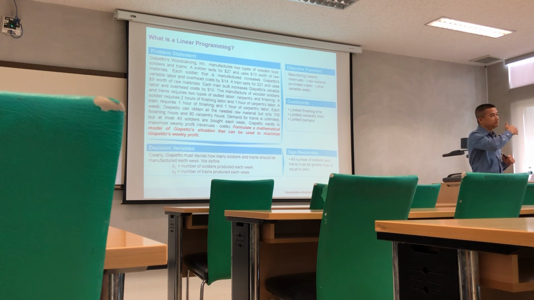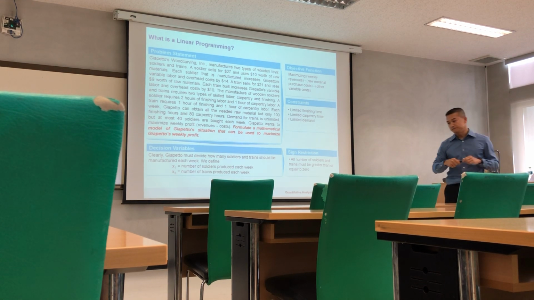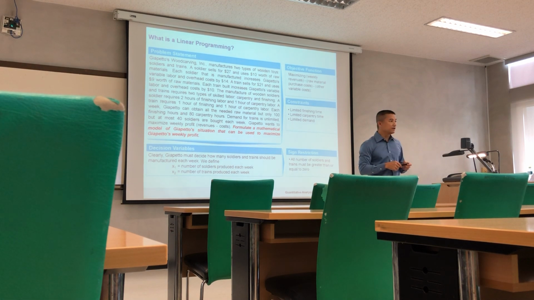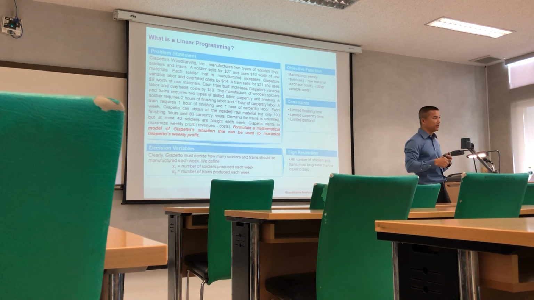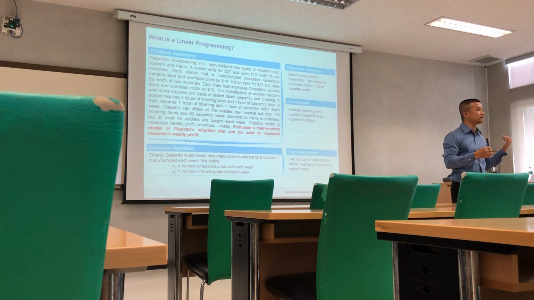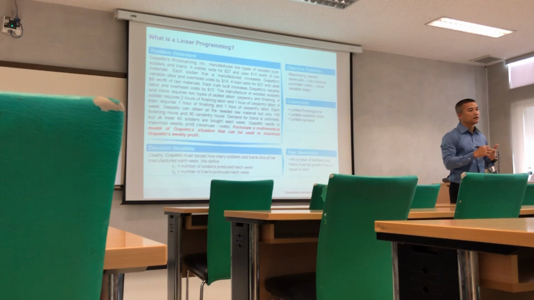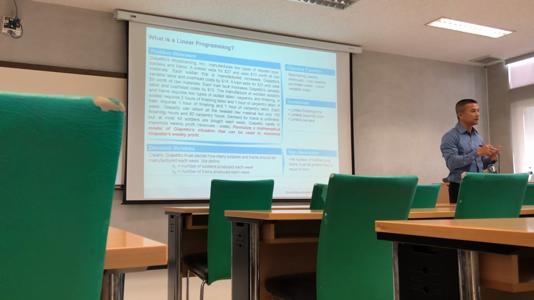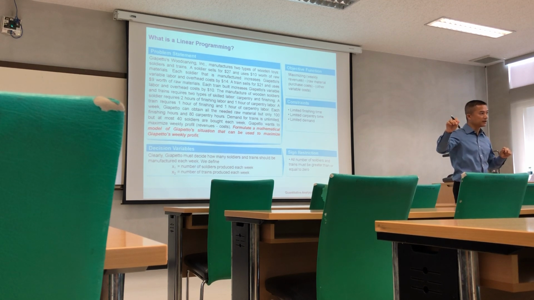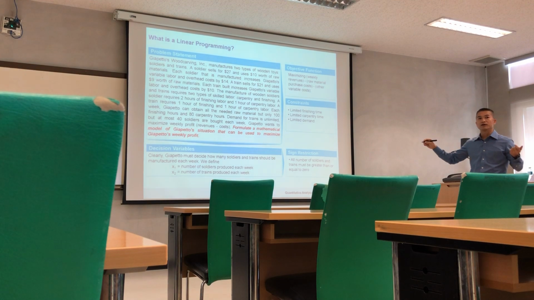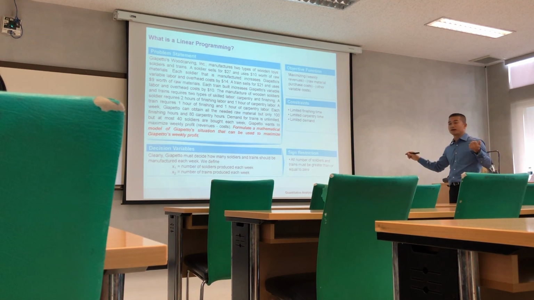Like from the exercise that you have done in the previous hour, you produce an airplane and a tank. Each one of them gives you different profit. And you also have limited resources, which are the long brick and the short brick.